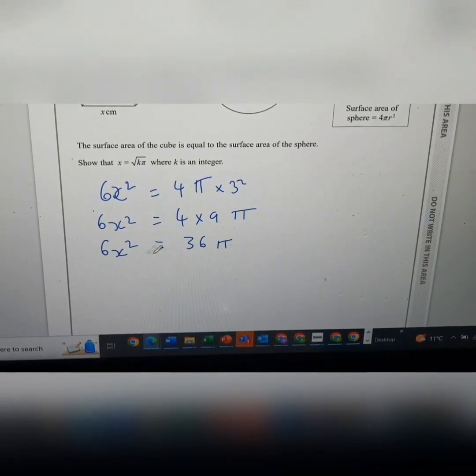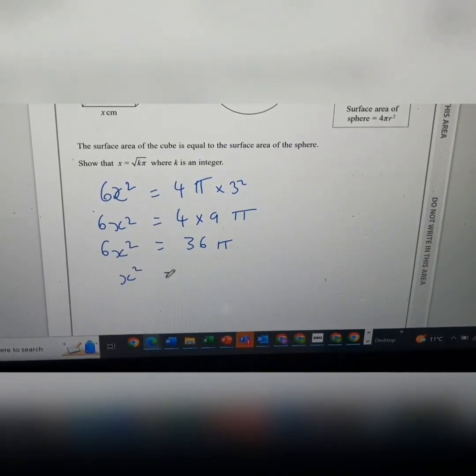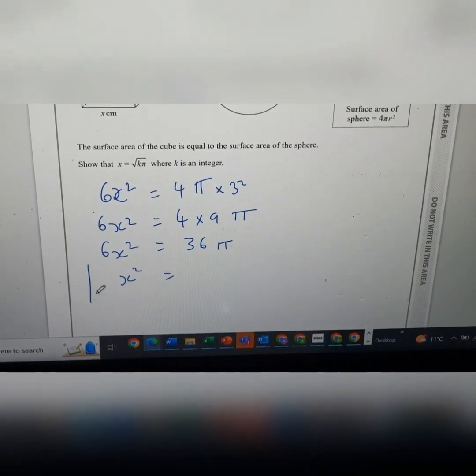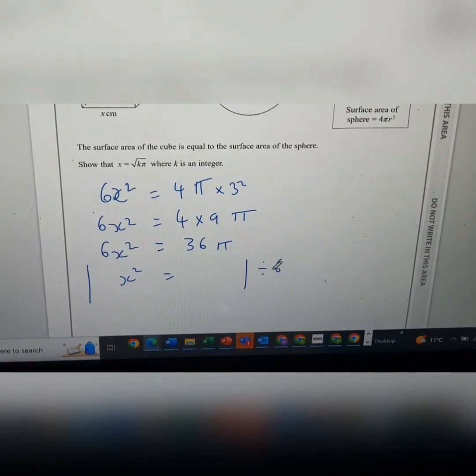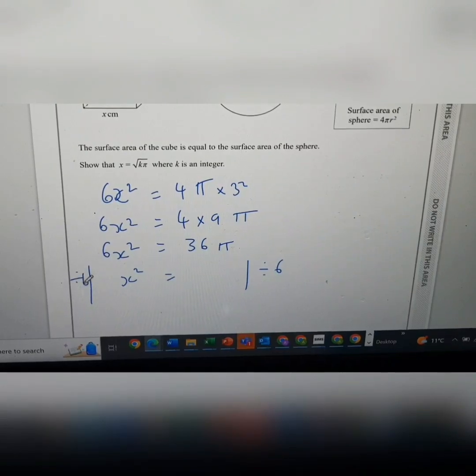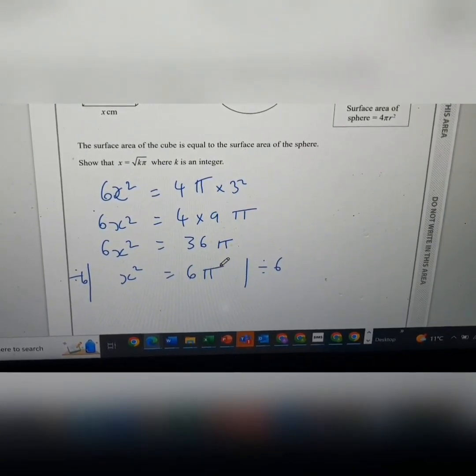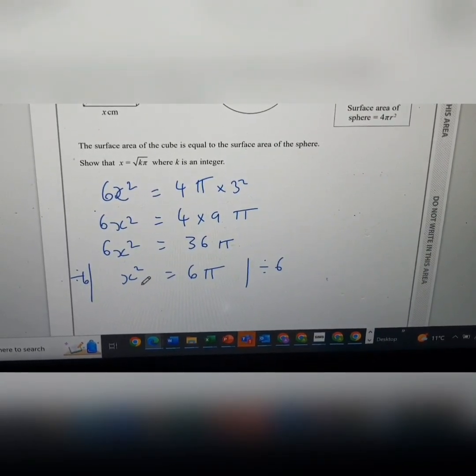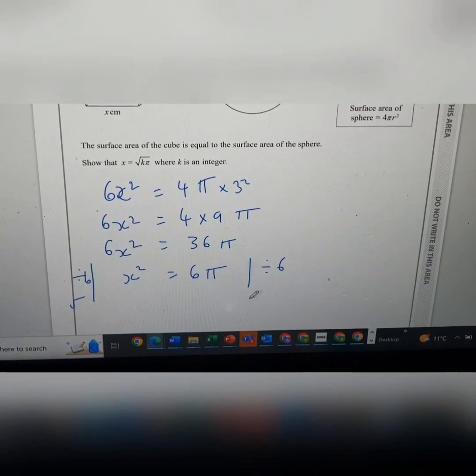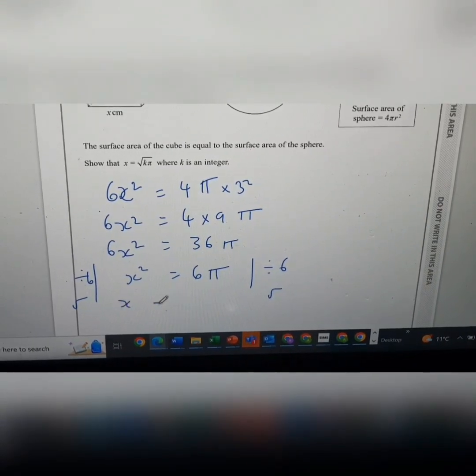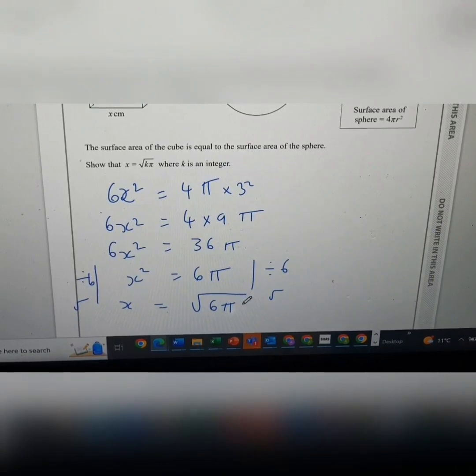Okay, so we're going to divide by 6. So 36 pi divided by 6 is 6 pi. And then you're going to square root to get rid of that squared element. So x is equal to the square root of 6 pi.